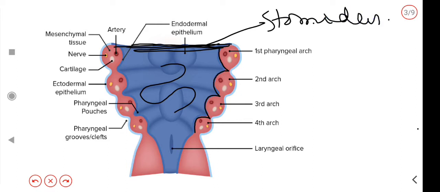Below the stomodeum, in continuation with it, we have the cranial most portion of the foregut that develops into the future pharynx. And from the lateral wall of the pharynx we have out pocketings or pouches formed, and these pouches penetrate in the surrounding mesenchyme.